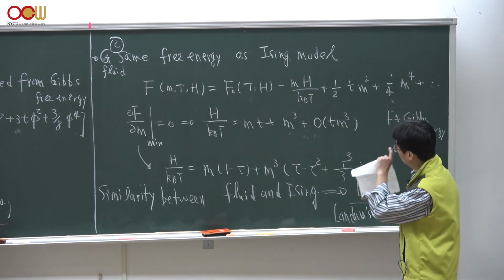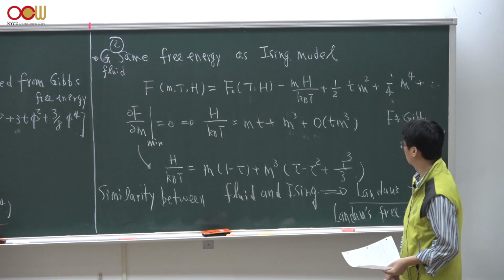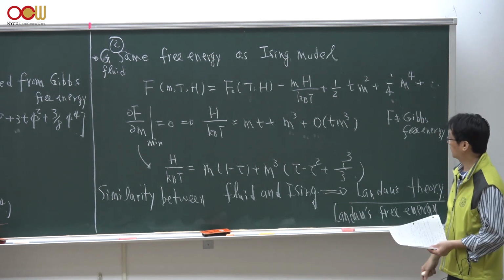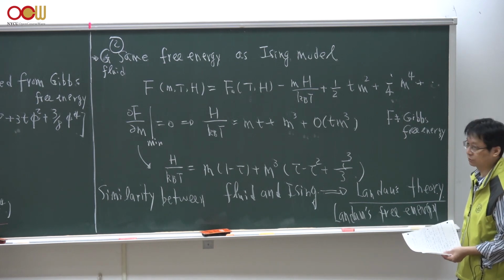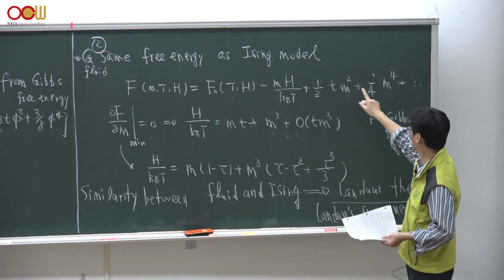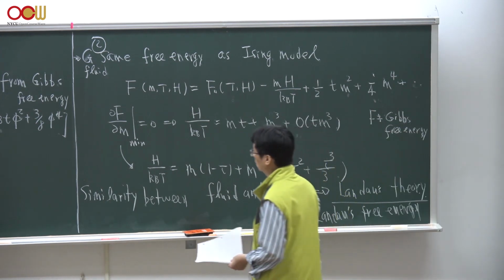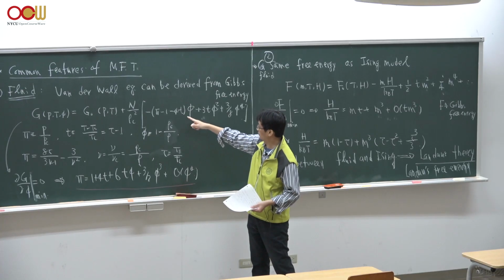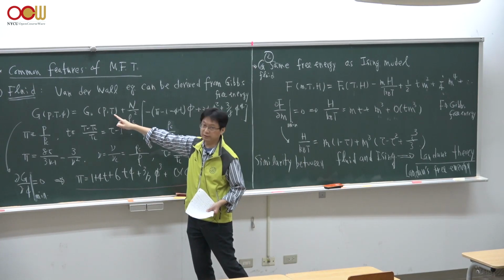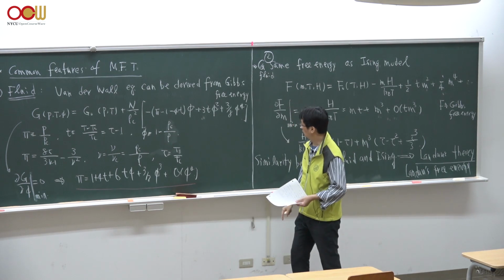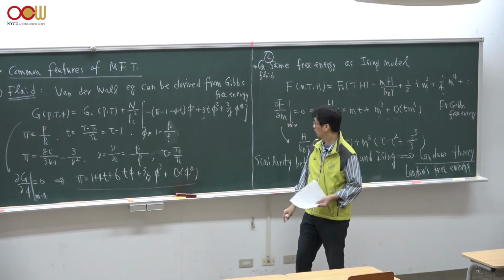F0 is a function of temperature and the field, but it is independent of the order parameter, plus some terms which can be expanded in terms of the powers of the order parameter, say m to the linear term, m squared term, m to the power of 4 term. So likewise, in the case of the fluid, the Gibbs free energy can be written in terms of a constant independent of the order parameter, and the order parameter to the linear term, the quadratic term, and the quartic term.